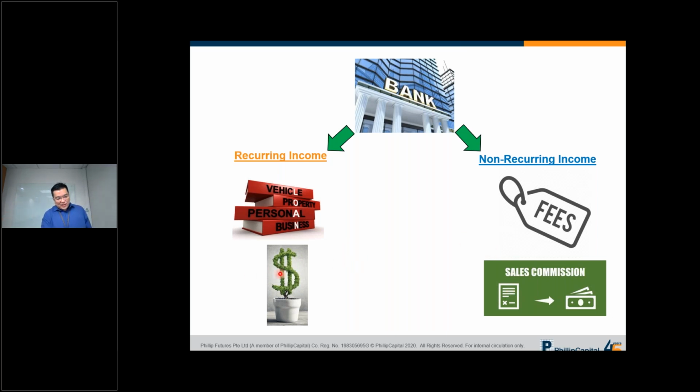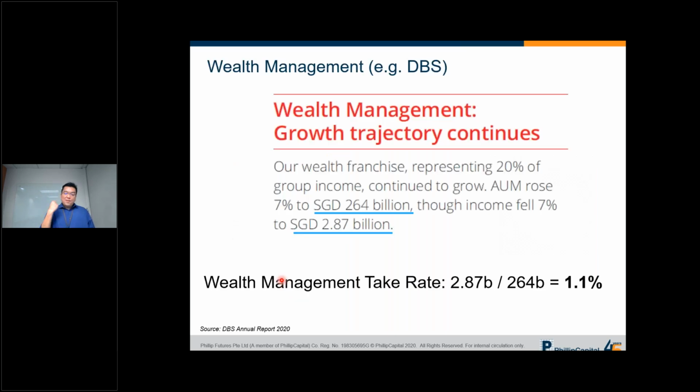But I'm just going to briefly touch on this last part, this small portion here, the dollar sign. All right, this is basically the wealth management income. This is taken from the DBS annual report, right? The CFO mentioned this: our wealth franchise, representing 20% of the group income, continues to grow.